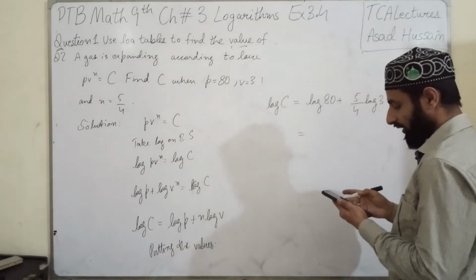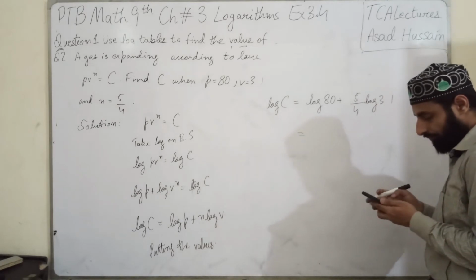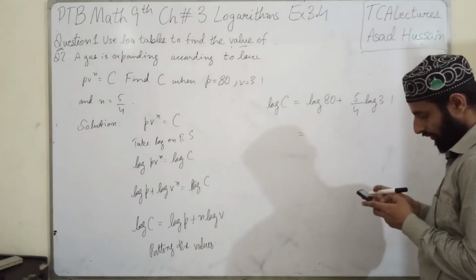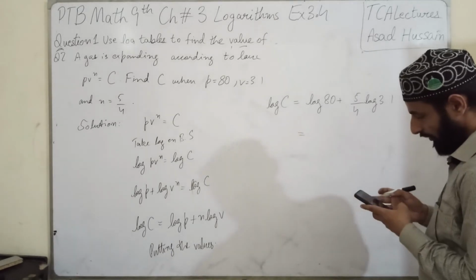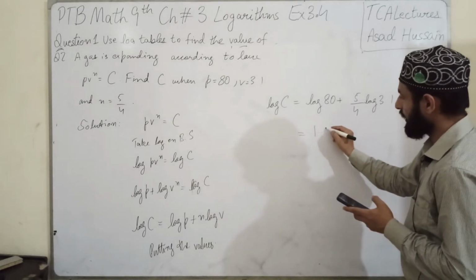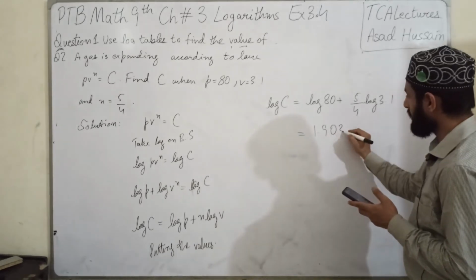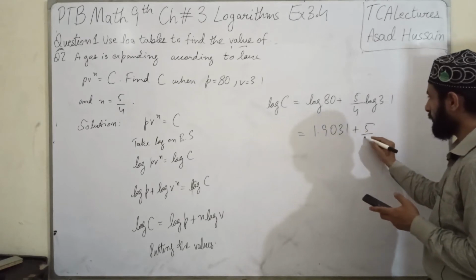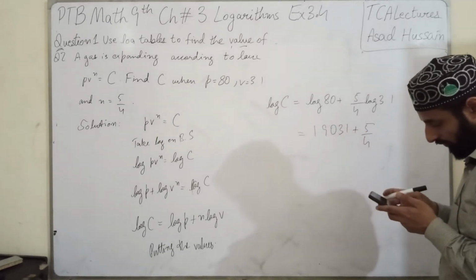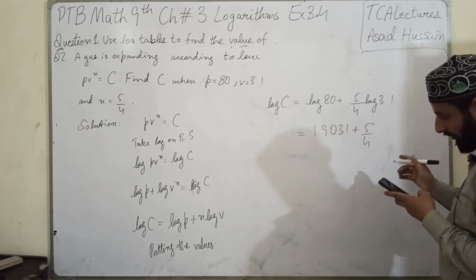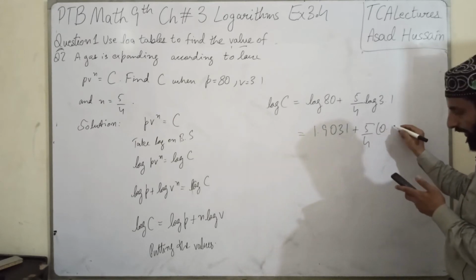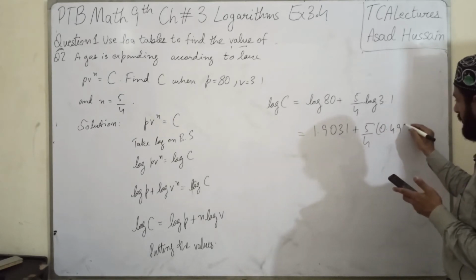Now solving this, we get log 80 is equal to 1.9031 plus 5/4 log 3.1, which is 0.4914.